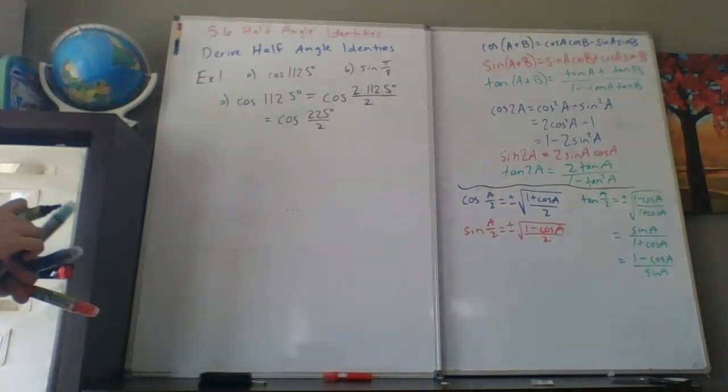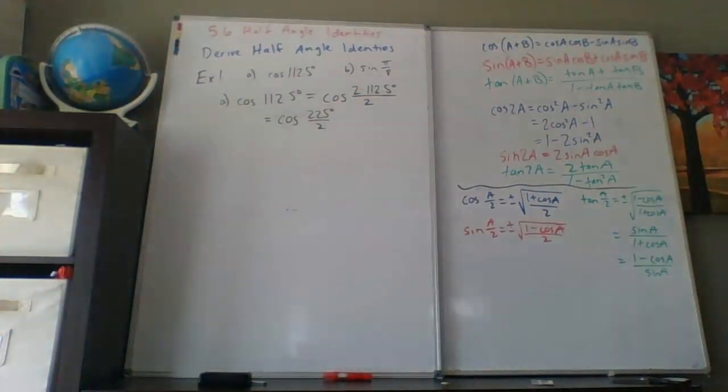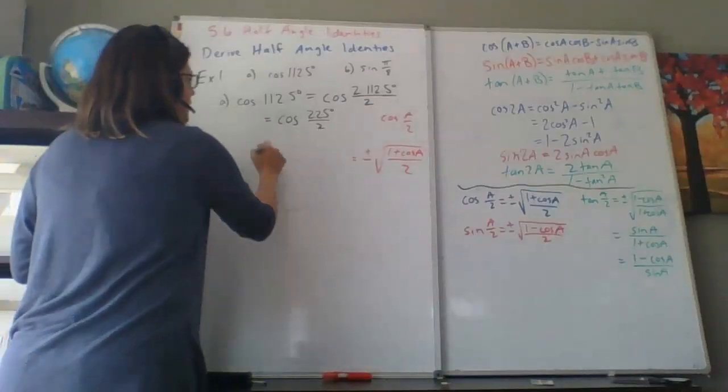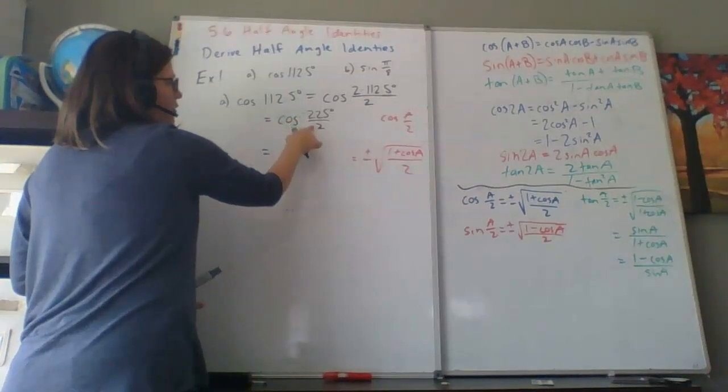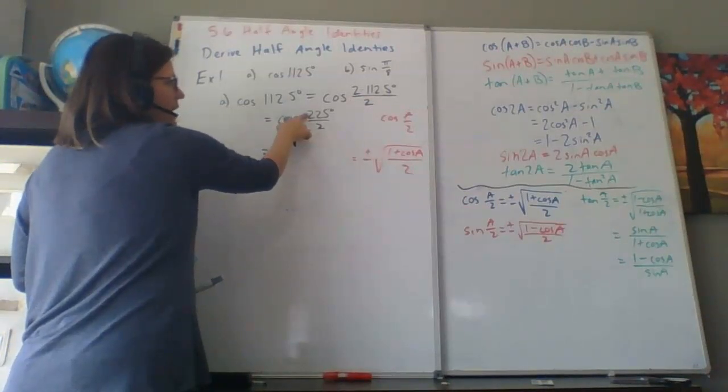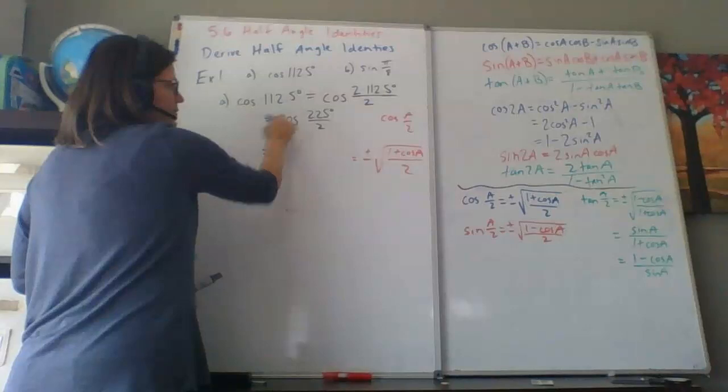Now we are ready to use our half angle identity. Over to the right, I just showed that this is our cosine of A over 2, so our A is 225 degrees.